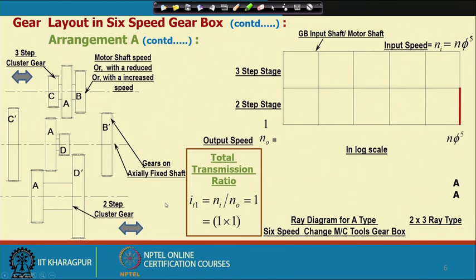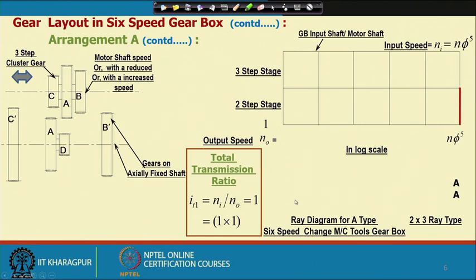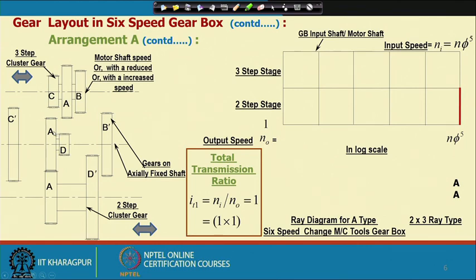From this stage, first of all this is 1, here we have selected 1, and 1 means the ray is horizontal, because we have to reach here. So, in this stage 1, and then these gears are moved to connect this one. A is connected with A.